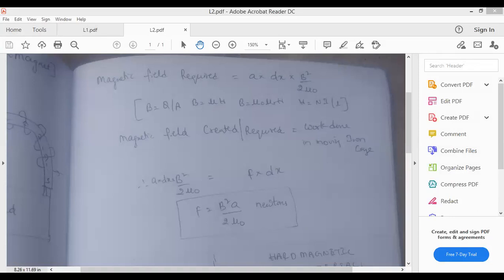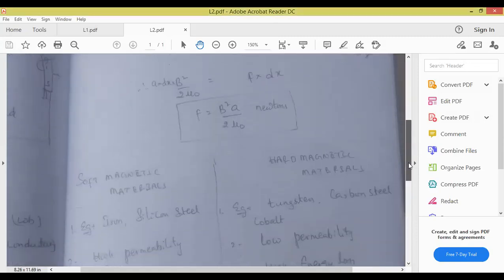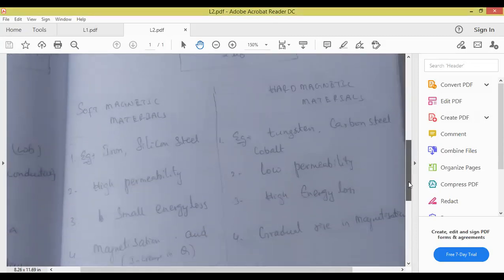On the screen, you are able to see the same document, right? After this derivation, we got one simple 2 marks question.